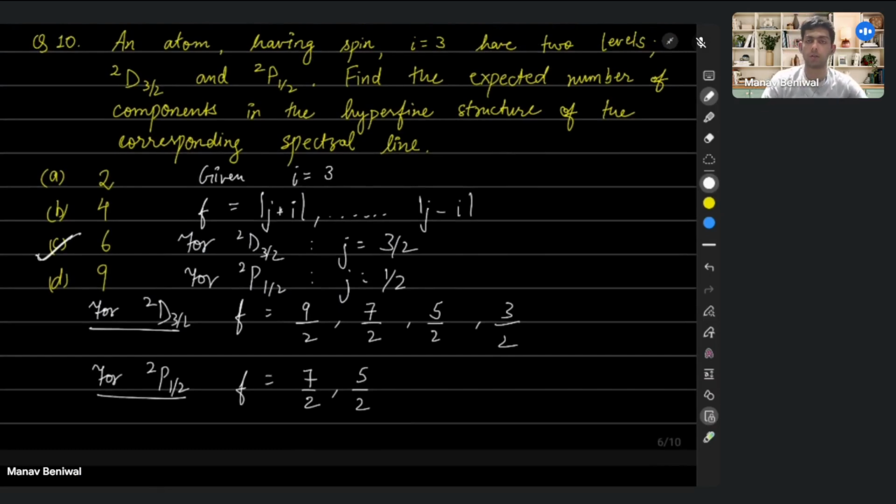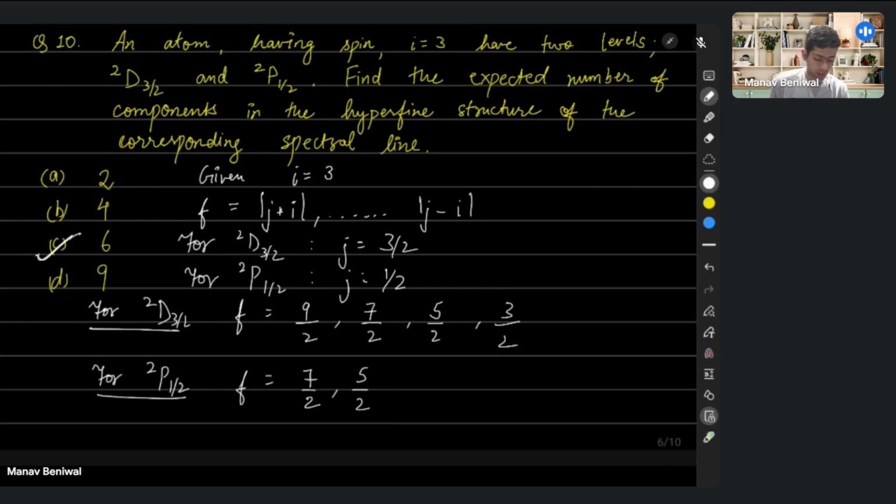Okay, so this was a problem based on hyperfine structure. We are given an atom, it has spin I equals 3 and it has two levels, 2d3 by 2 and 2p1 by 2.